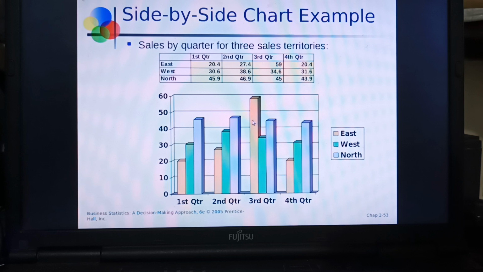Its sales are more or less consistent, while the West, the green, is somewhat fluctuating.